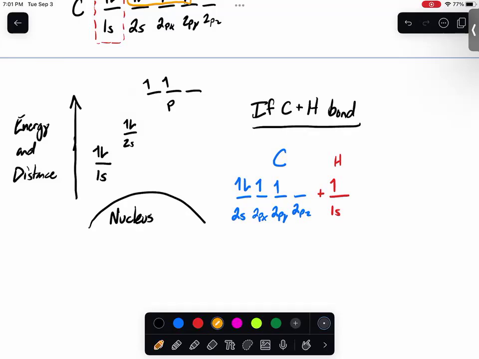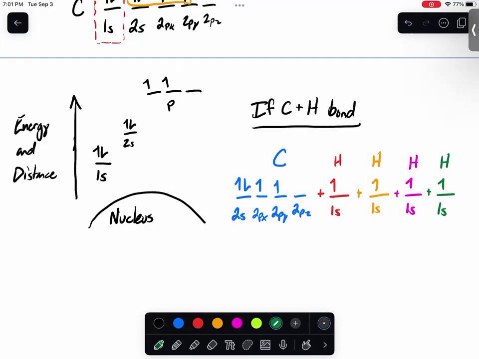We would have the same situation three more times. And we're going to color all these. So we have this red, this orange, this green, and this pink hydrogen. If these want to bond, essentially the electrons from the hydrogens are going to go into those orbitals to share with the carbon.